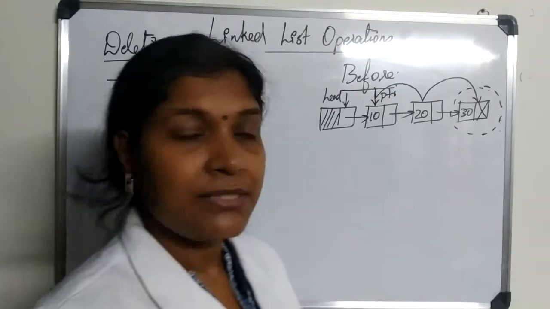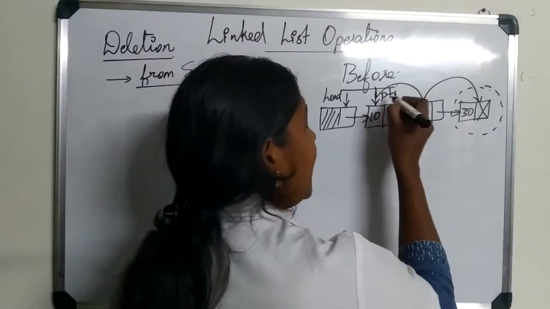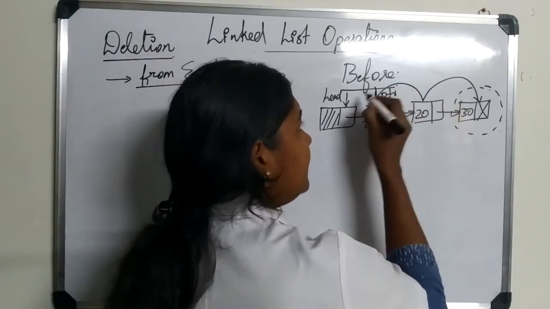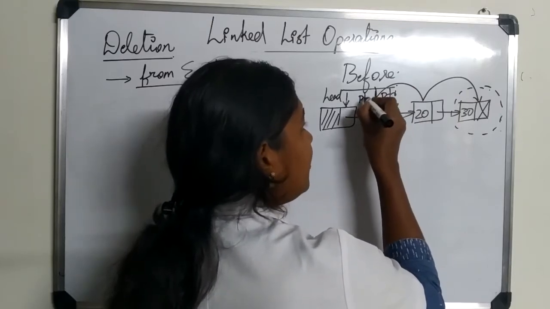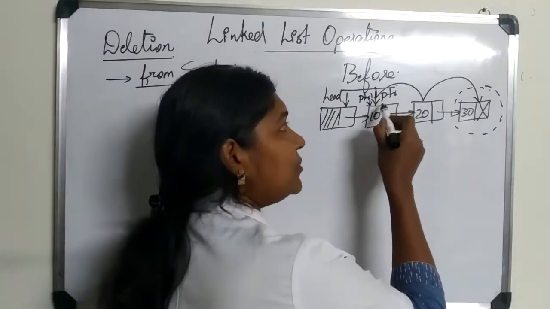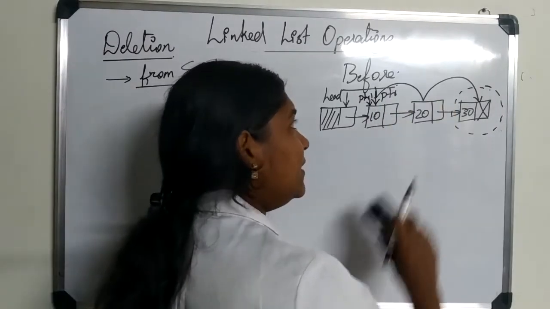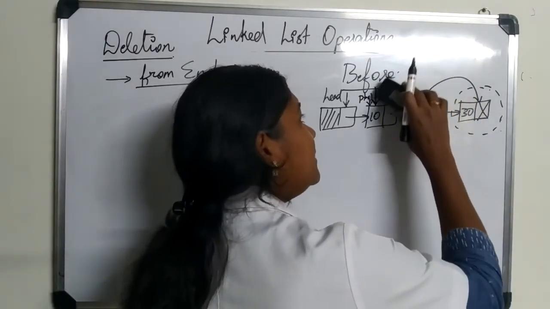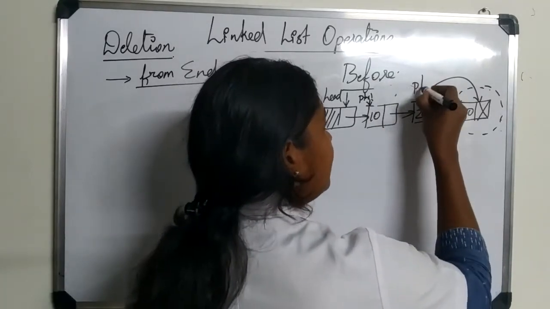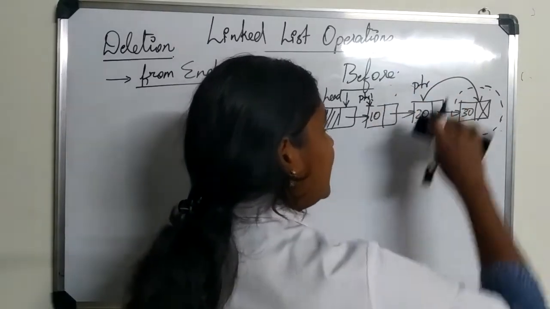So the same process we'll do after moving PTR to the next location. We'll make another pointer PTR1 point to the previous location. So when PTR reaches here, PTR1 would be pointing to the previous node. Right now, PTR is here, PTR1 is here.